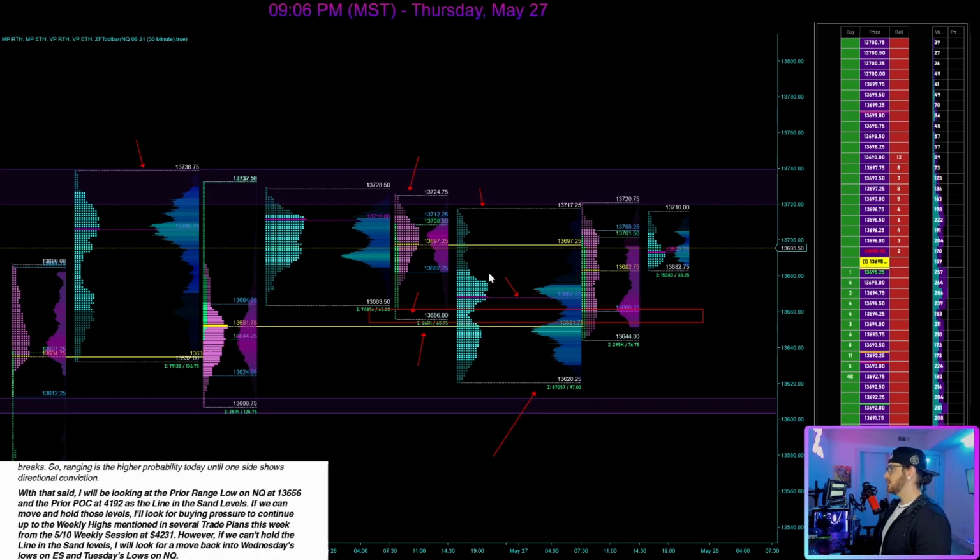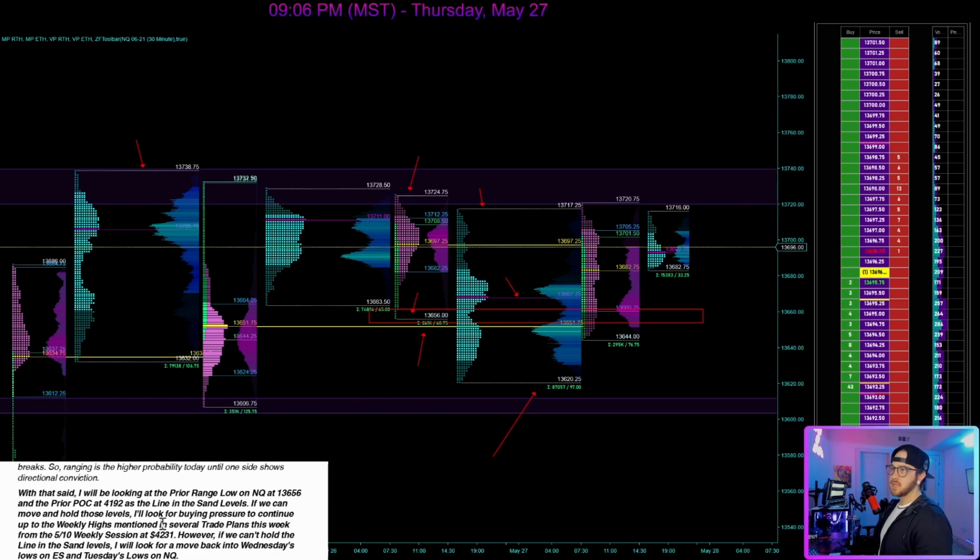And for the most part, we did hold above those levels and we did range back and forth, but buyers held above the point of control from the 25th. We for the most part held above the low from yesterday, the 26th. And we also held for a good chunk of the session above the value area low from the overnight as well as the overnight point of control.